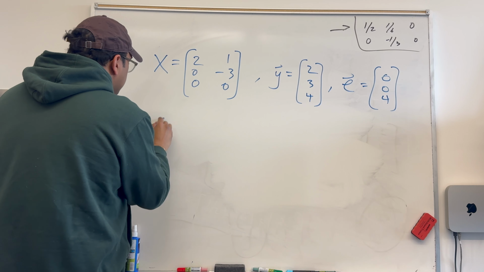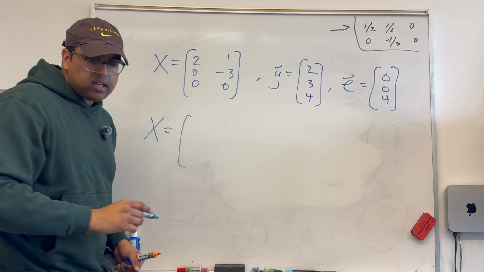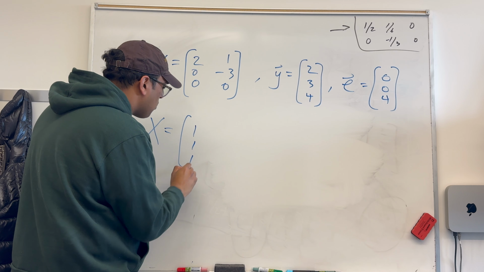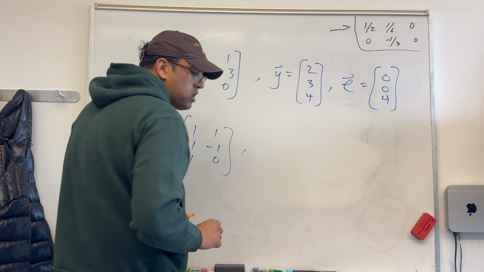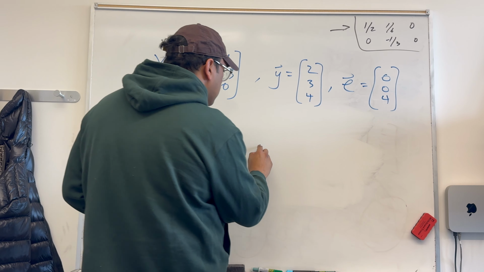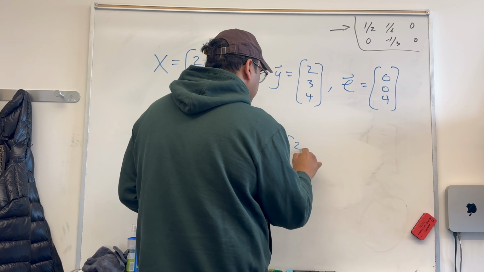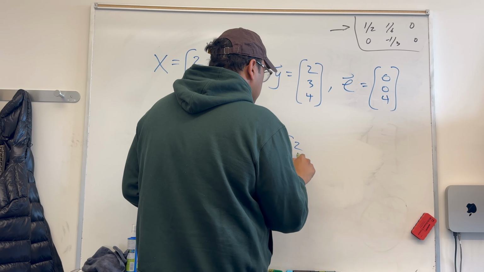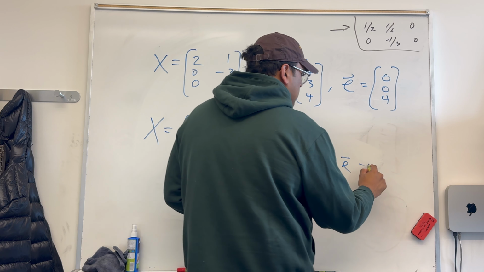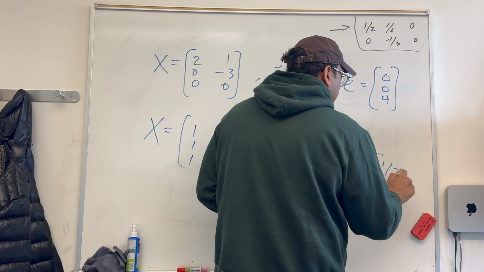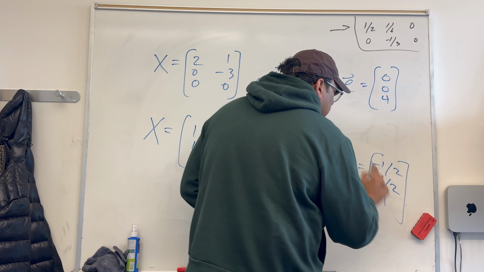What it says is, if we take this new matrix X, 1, 1, 1, 1, negative 1, 0, and use the same Y, the error vector looks like negative a half, negative a half, 1.